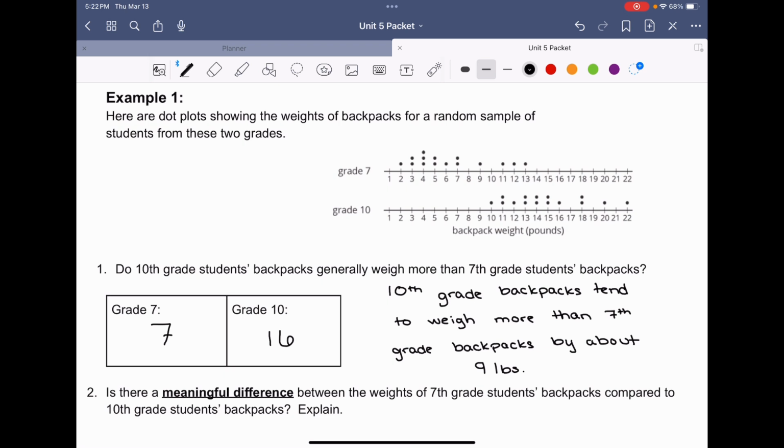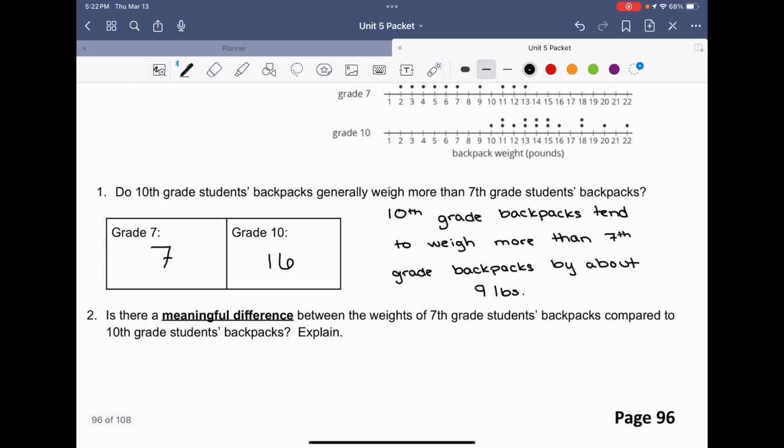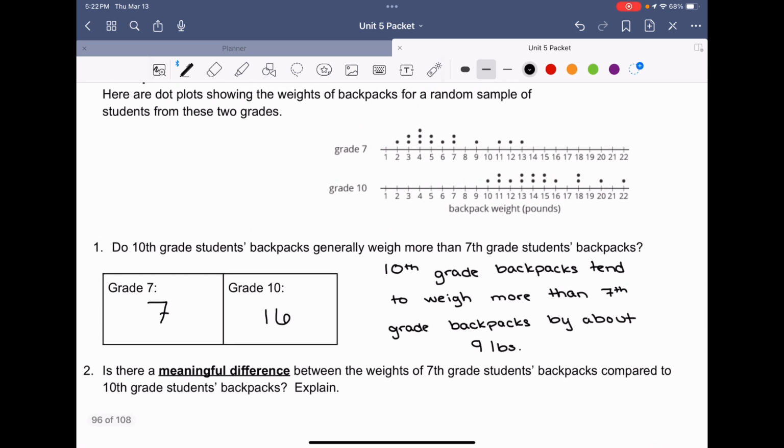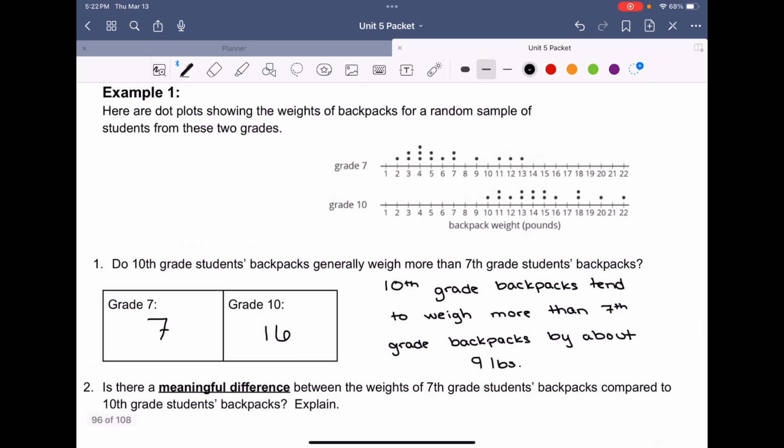Our next question says, is there a meaningful difference between the weights of 7th grade student backpacks compared to 10th grade students' backpacks? Explain. Remember we talked about meaningful difference in the last lesson. It has to do with whether or not there is overlap, or some kind of space between our data.